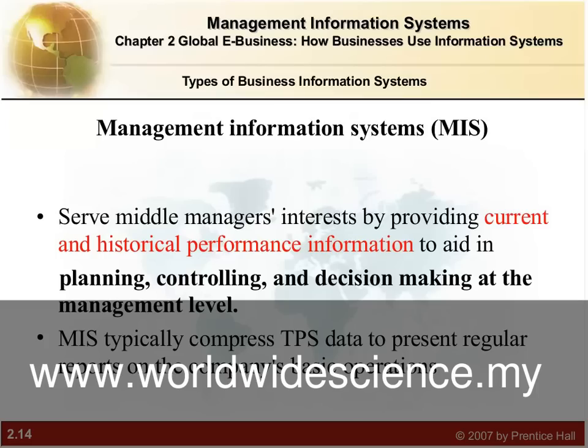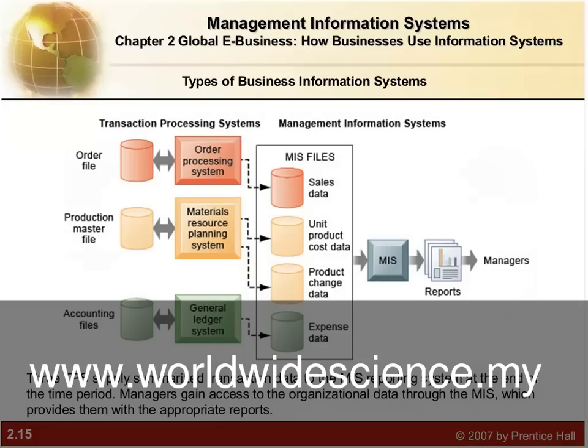In this example, we have 3 TPS, which are the order processing system, the material resource planning system, and the general ledger system, with the order file, production master file, and accounting file.